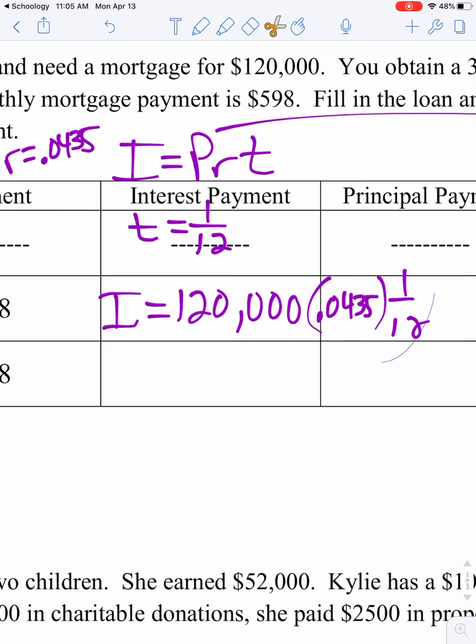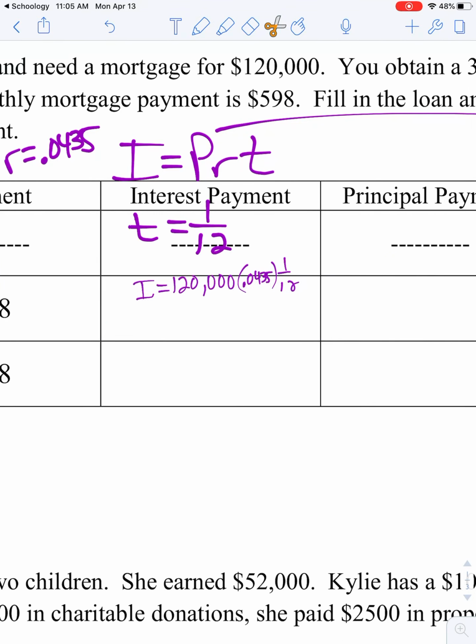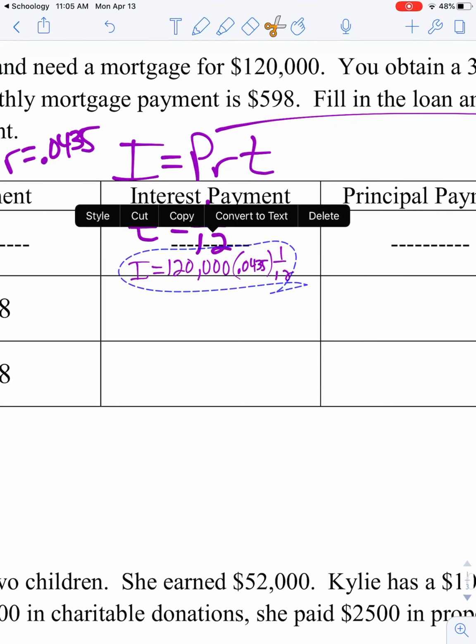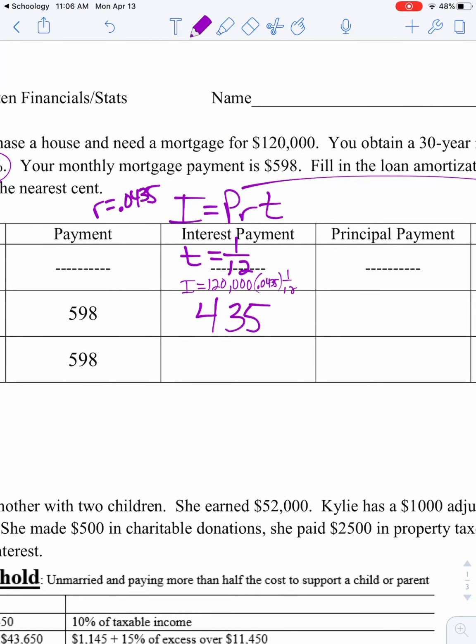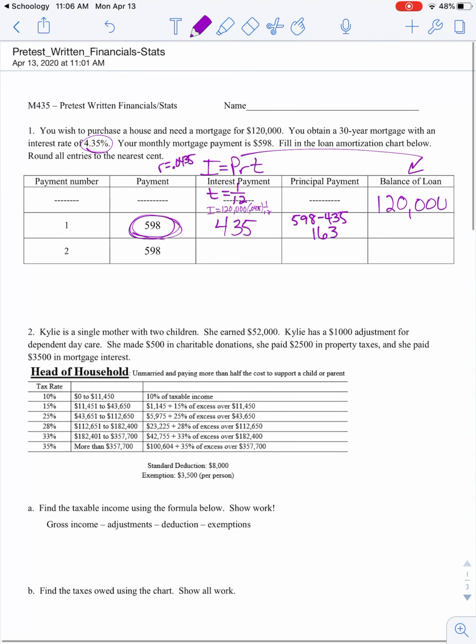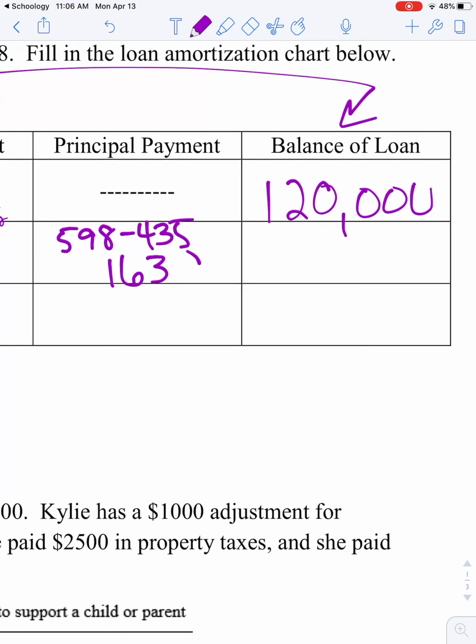And when you do that, and again, I'm going to have you just refer back to the answer key. When you do that and you plug that in your calculator, you get 435. So that means out of your payment, $435 of it is interest, and then you subtract the $598 minus that $435 here to get that $163. And then this is what gets taken off the balance of the loan.